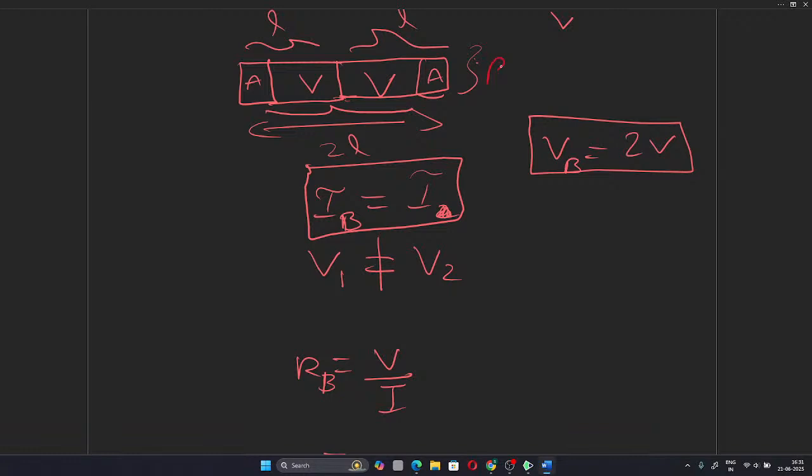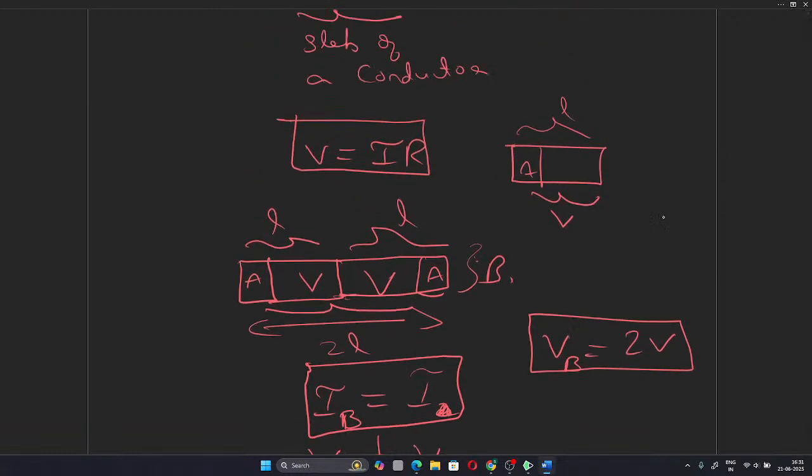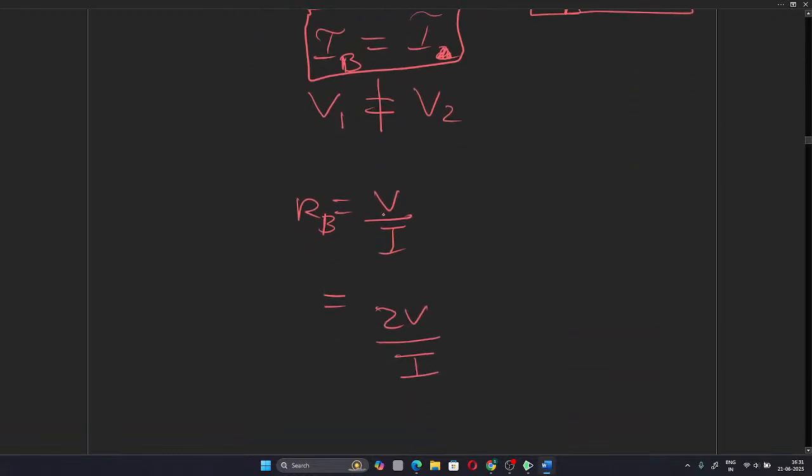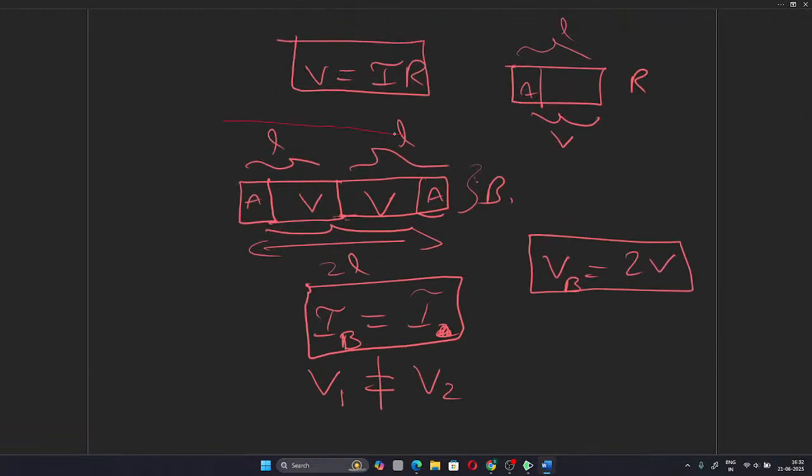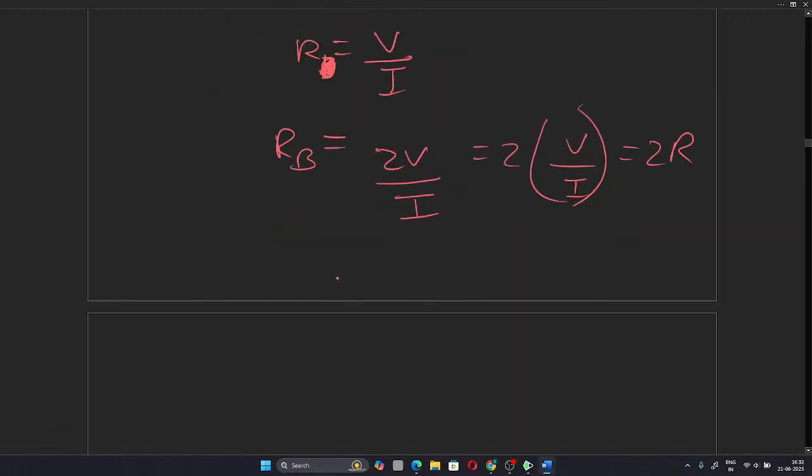For a single slab the resistance is R, which is V by I, and for RB it is 2V by I, which we can write as 2 times V by I or 2 times R. So when we connected two slabs in this manner, the resistance doubled. RB equals 2R.